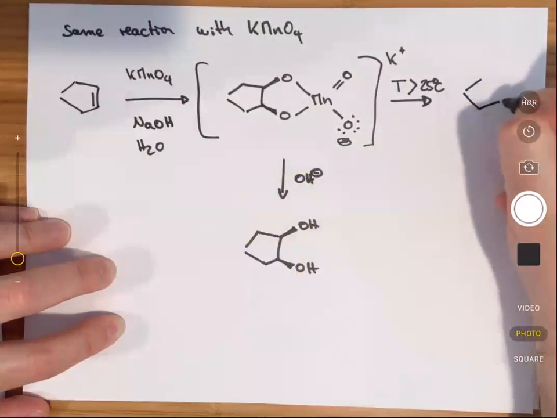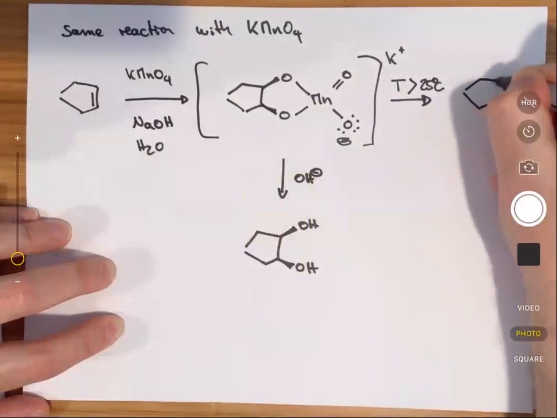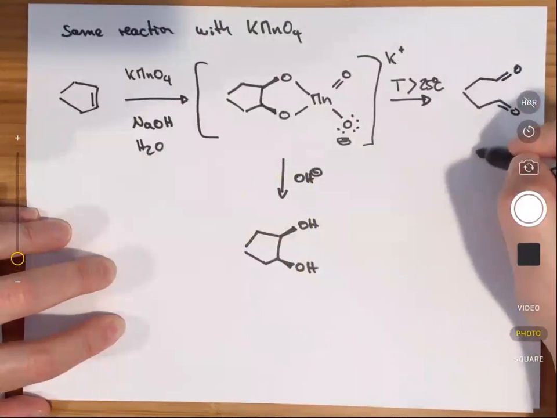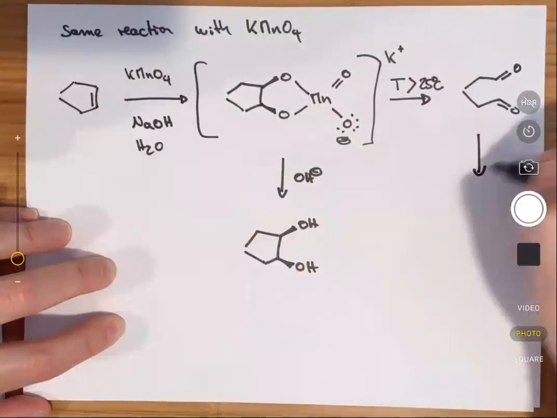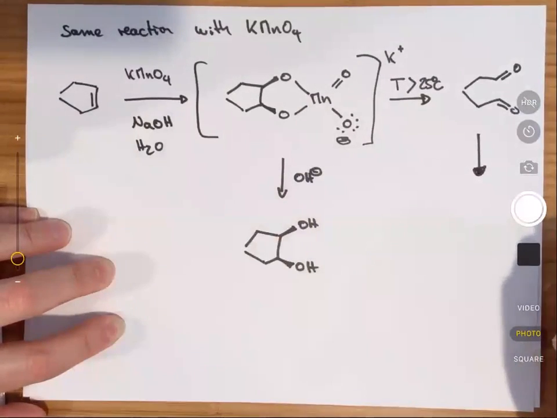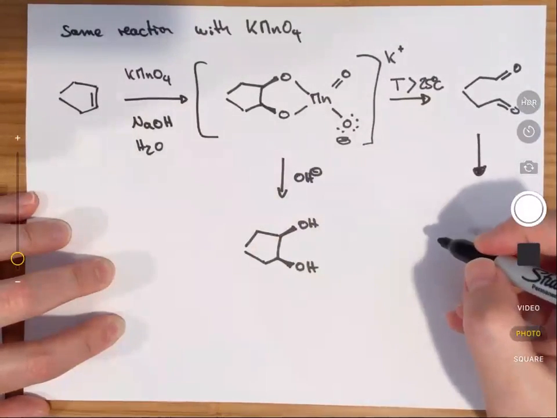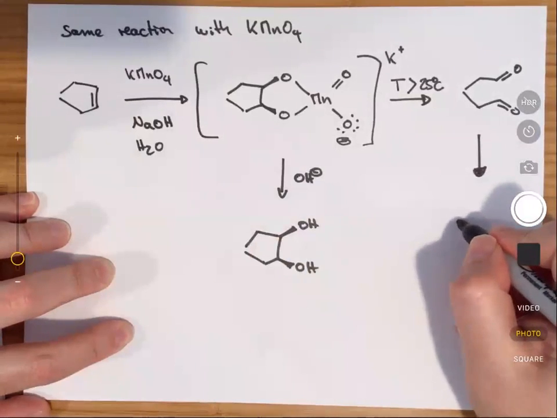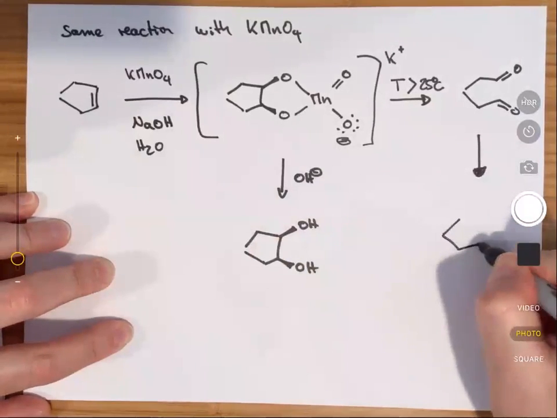So you break the carbon-carbon bond. And then with additional stoichiometric potassium permanganate that floats around in the reaction mixture, this goes directly to the diacid. And this is usually then the thermodynamic minimum of the reaction.